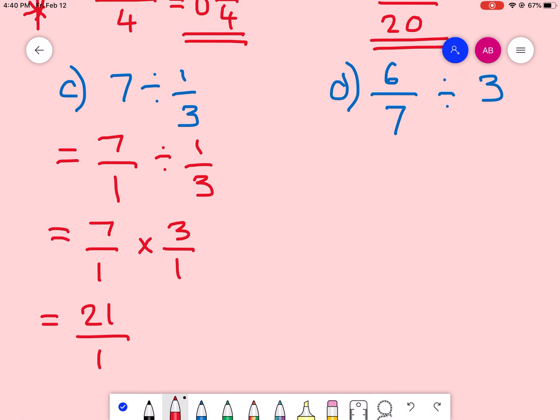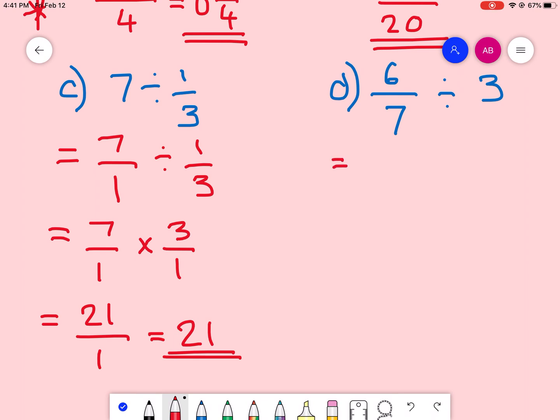And in this case, quite nicely, that gives us a whole number of 21 as our answer. We're always thinking of fractions as being the top number divided by the bottom number. 21 divided by 1 is simply just 21, so we don't have to leave it as a fraction.